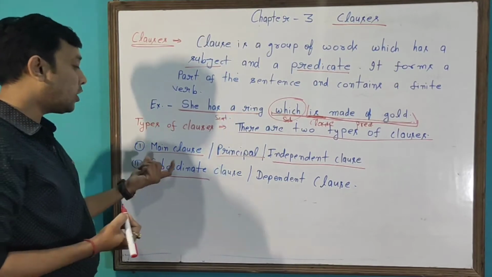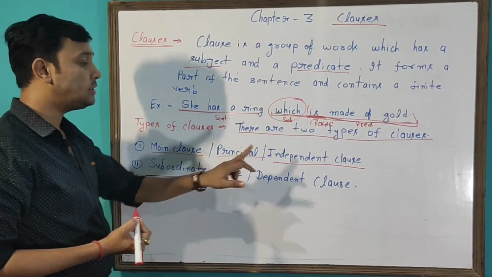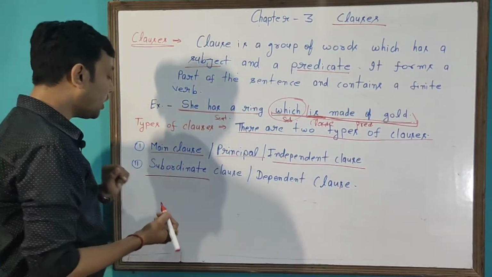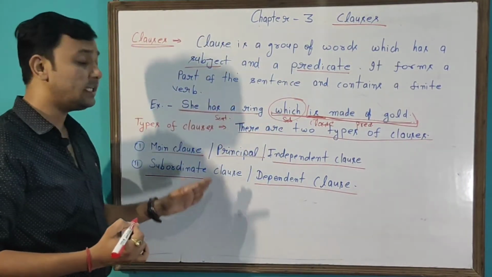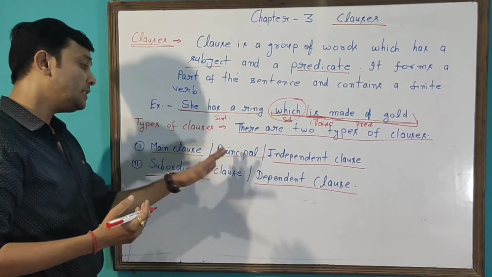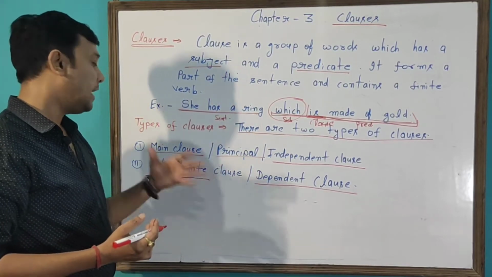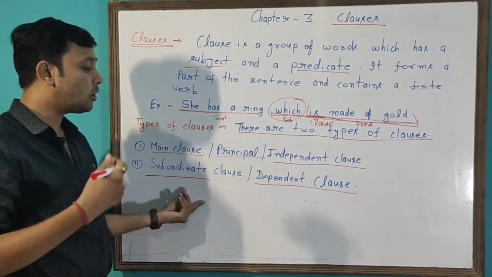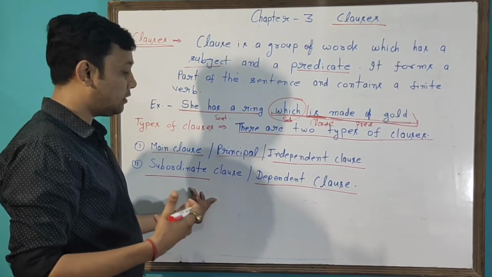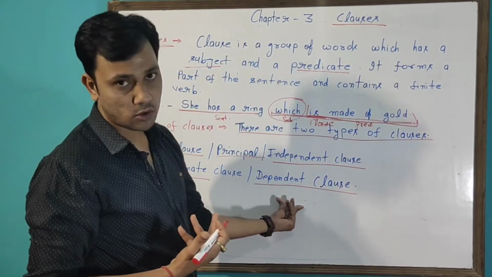The subordinate clause is also known as a dependent clause. So keep these things in mind: a principal clause, independent clause and main clause are all the same, and a subordinate clause is also called a dependent clause.